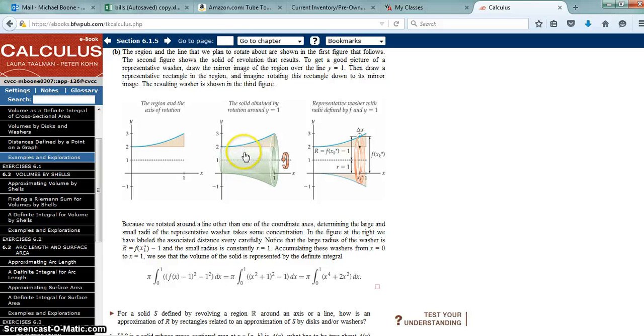So the height of the function is 2, but the height of the radius would be 2 minus this distance of 1. So you're going to see when they do their big radius squared, they're doing it minus 1, because the output, the height, minus 1 squared is going to be what your radius is.